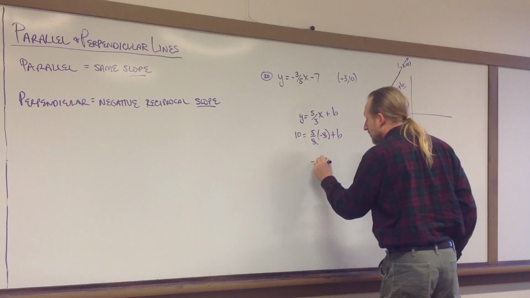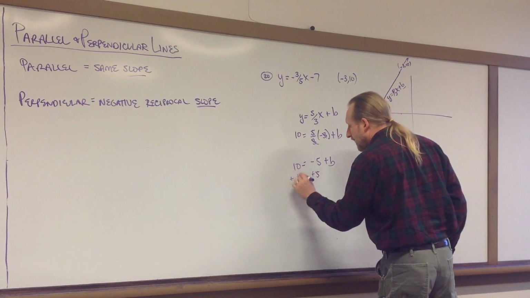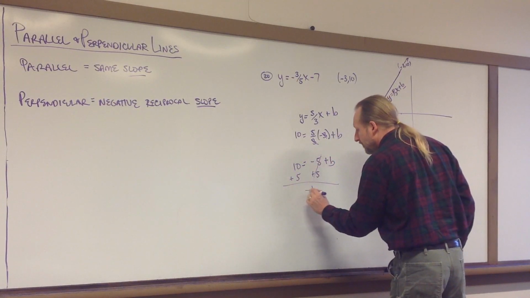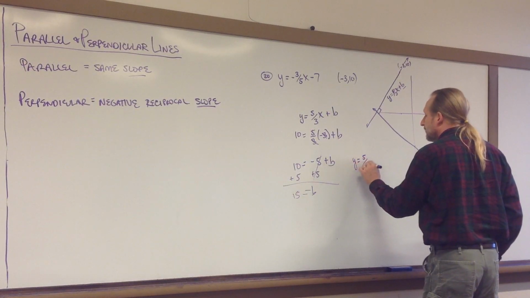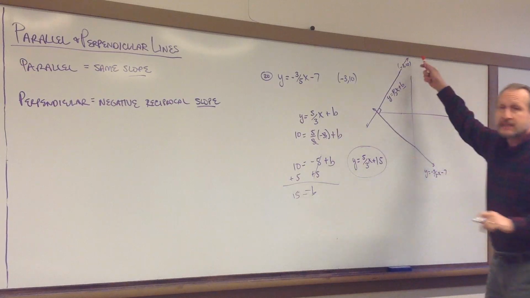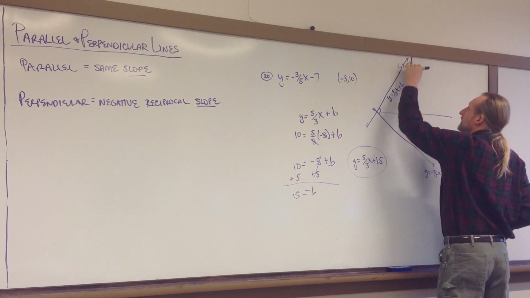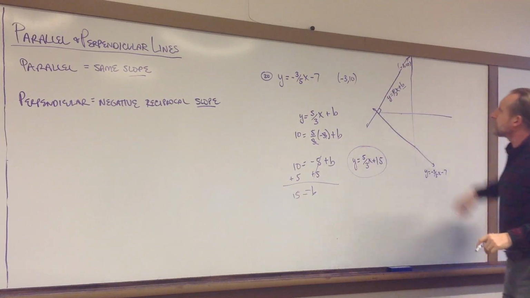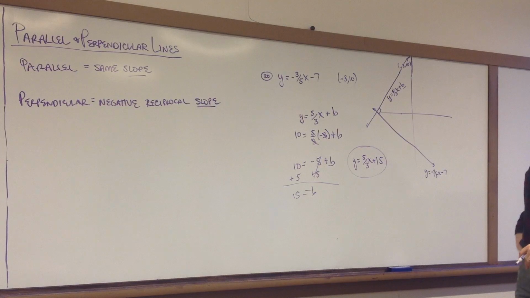These cancel, give us negative 5. Add 5 to both sides. B in this case is going to be 15. So our answer here is y equals 5/3 x plus 15. Does that make sense in our picture? Yeah. If we extend this y-axis up some more, it seems reasonable that that y-intercept is going to be up at 15 or thereabouts. Okay?